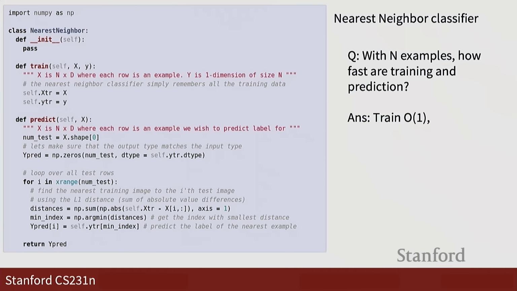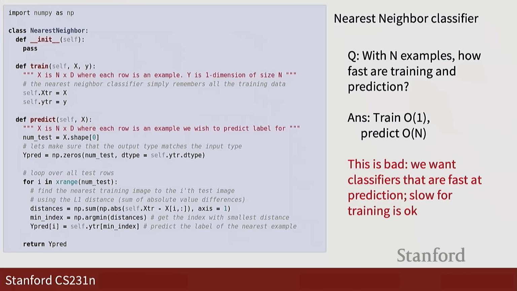For each of the single examples of the testing data, how many operations should we take? N. Yes, if we have N training data, it means that we have to calculate the distance of every single testing image with all of the images in the training data. So at least in the order of N operations.